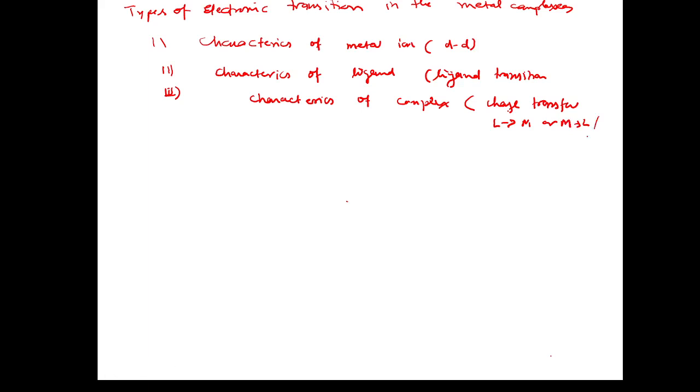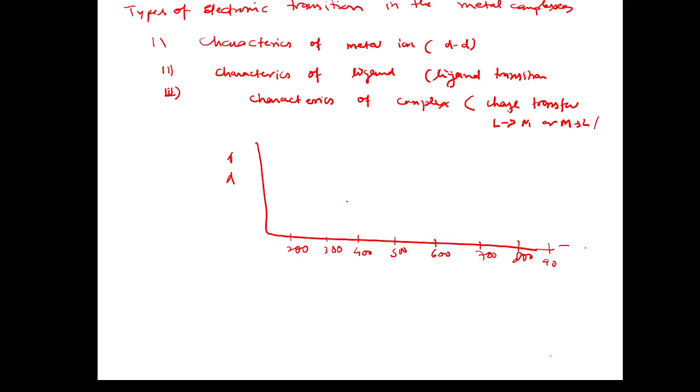Now if I roughly draw the spectra, it will be absorption versus wavelength. Suppose it is 200, 300, 400, 500, 600, 700, 800, 900, like that. Initially we have some sharp transition, which is your ligand transition, which will come in the region of 200 to 400.